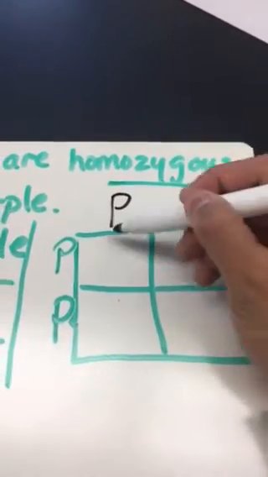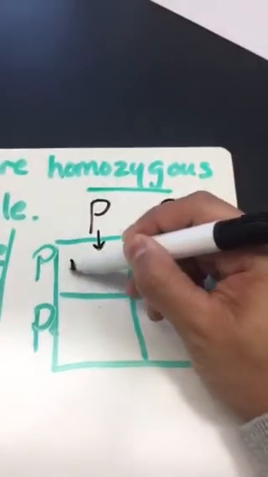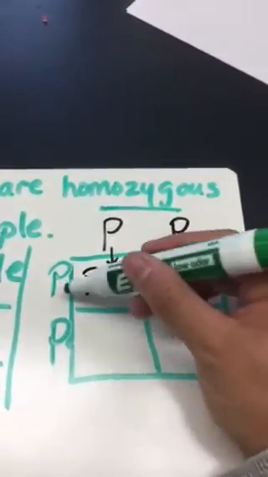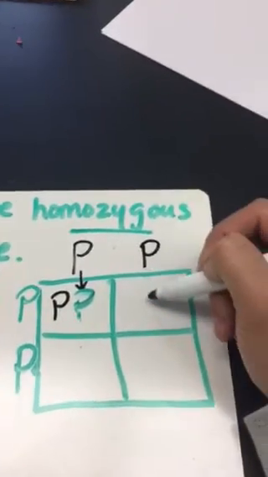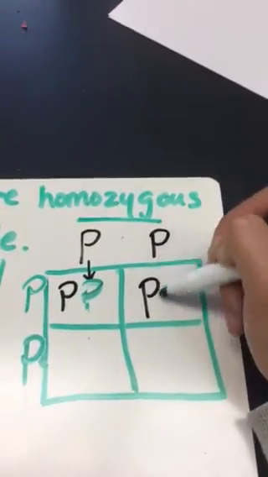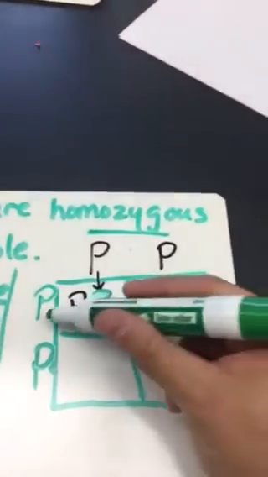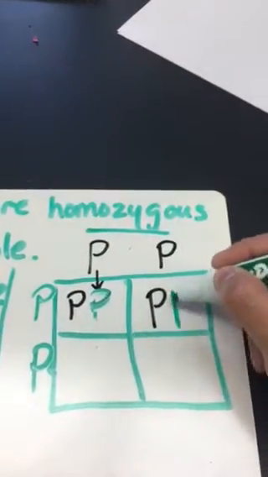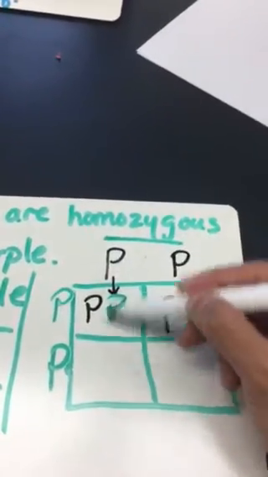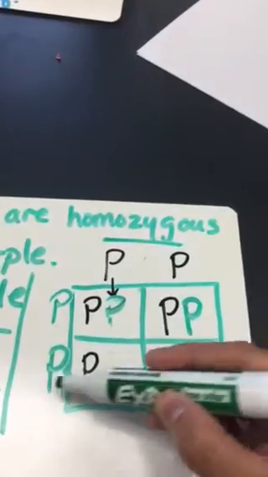If this is parent 1, it's going to give the allele capital P. Parent number 2 will give its allele, also capital P. Same thing here. Parent 1 gives a capital P, and then parent 2 gives a capital P. So you're basically writing the letters that each parent is going to give. It's either going to be represented from the top, or the parent's going to give it from the left side.